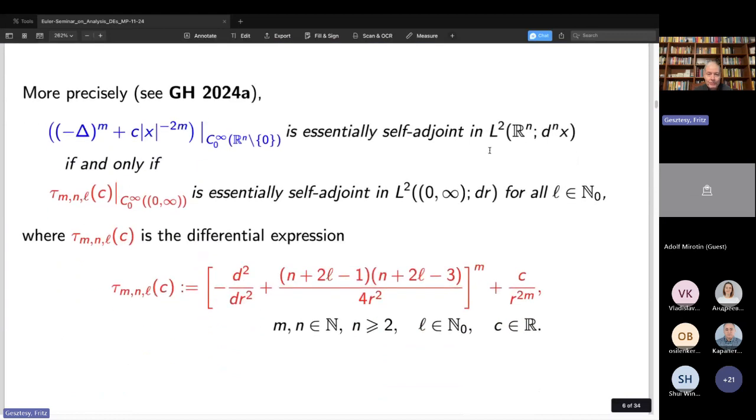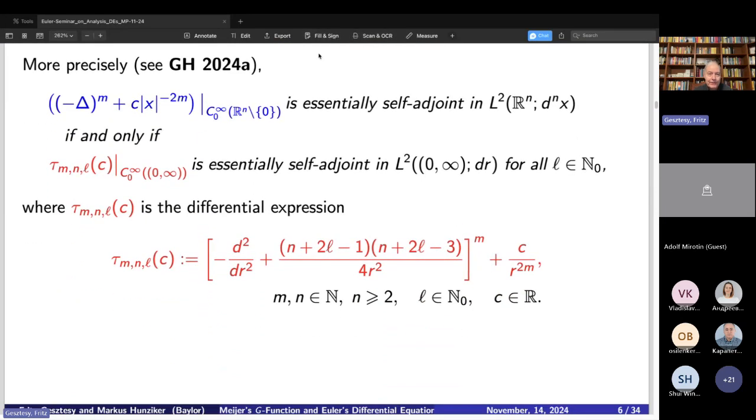So here's a bit more about this. I have some references at the very end of the talk. So this is a paper with Markus Hunziker. We were interested in, again, essential self-adjointness of such differential operators, and the statement that one gets is this is essentially self-adjoint if and only if the following sequence of differential expressions, so you can see there's the mth power, this is second order, but now we are on the half line.